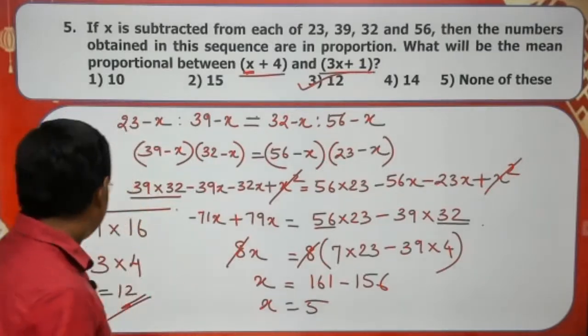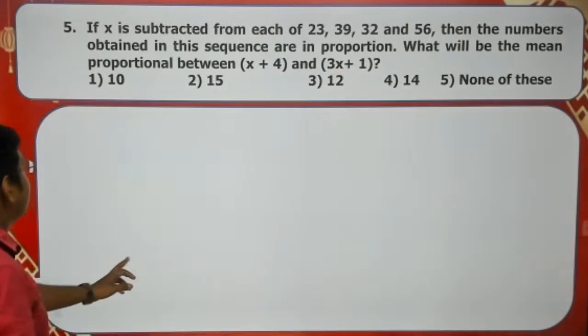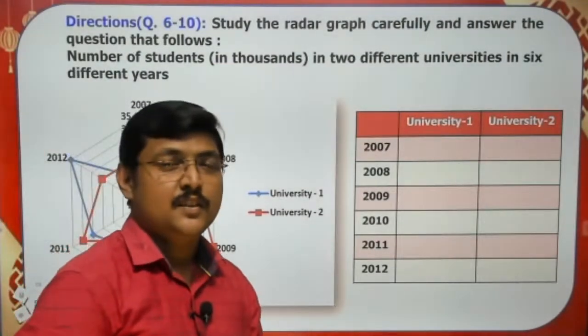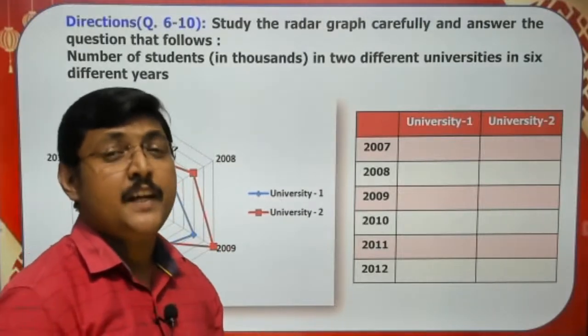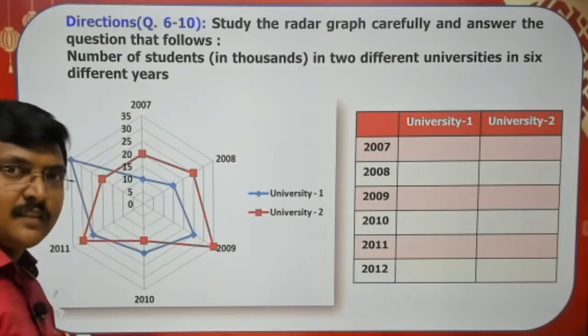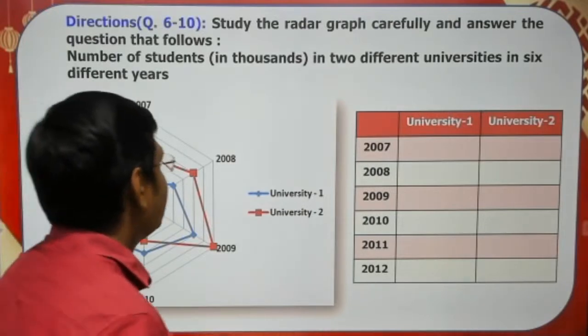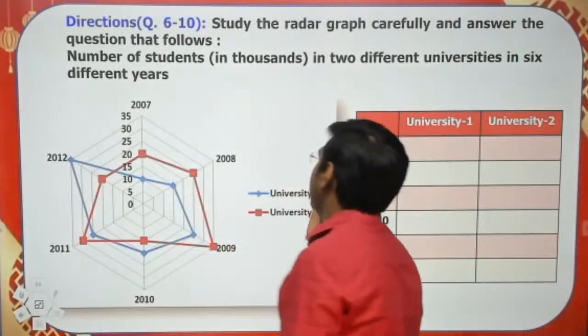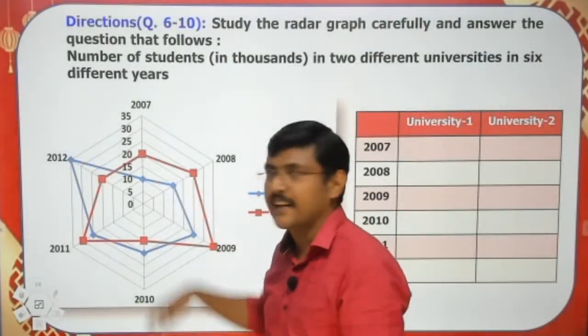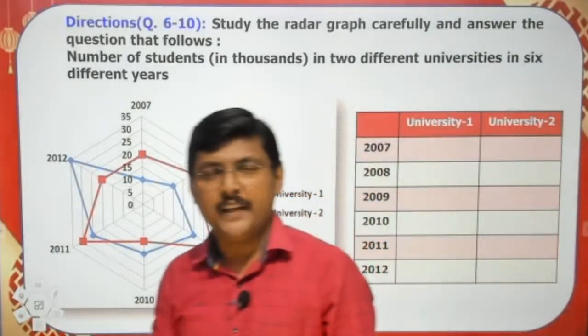Okay, right. So yes, this was the question, asked for SBI PO 2013, right? A good question, and it is very easy to find. So first of all I am reading this, study the radar graph, and it is in the shape of hexagon, right? We know many type of polygons.